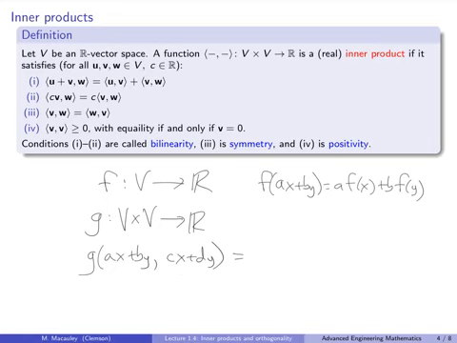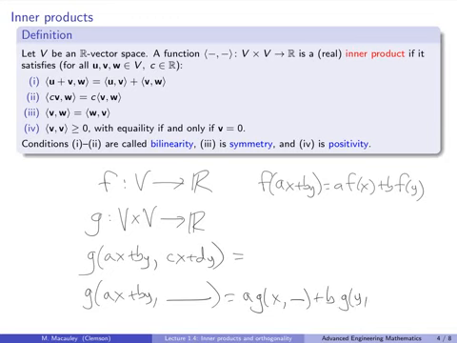So if I take G of ax plus by and fix this second coordinate, writing it as a blank line, then that equals a times G of x comma blank plus b times G of y comma blank. In other words, if you fix this second coordinate, then you can break apart sums and pull out constants.